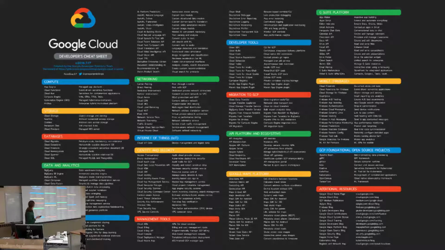Each of these is a product, and it's related to at most 4 words what it means or what it does. So App Engine is managed app platform. Carrier peering is peer through a carrier. Cloud data transfer is data migration tools /CLI. Each line is a different product under the cloud umbrella.